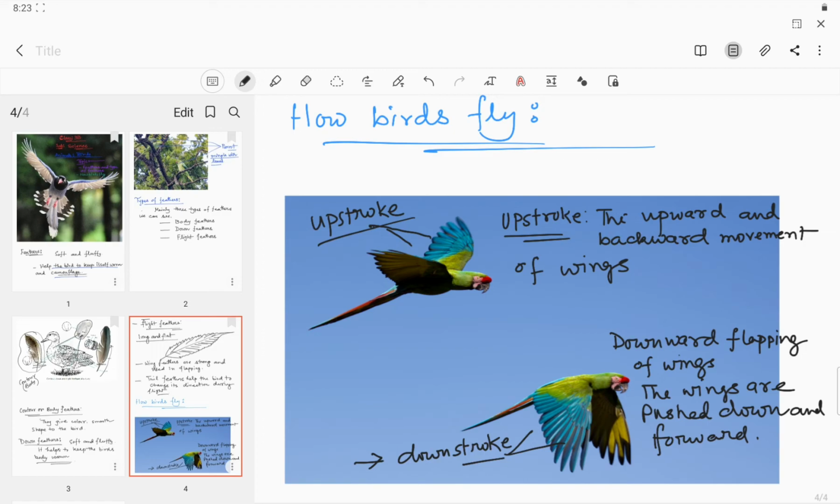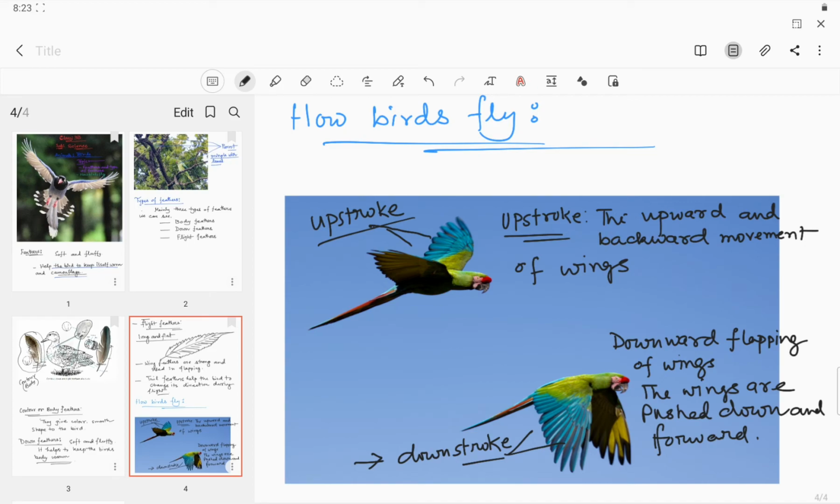Clear? So there is one thing. Birds fly with the help of wings. So you should learn about how birds fly. And one important thing, a hummingbird.